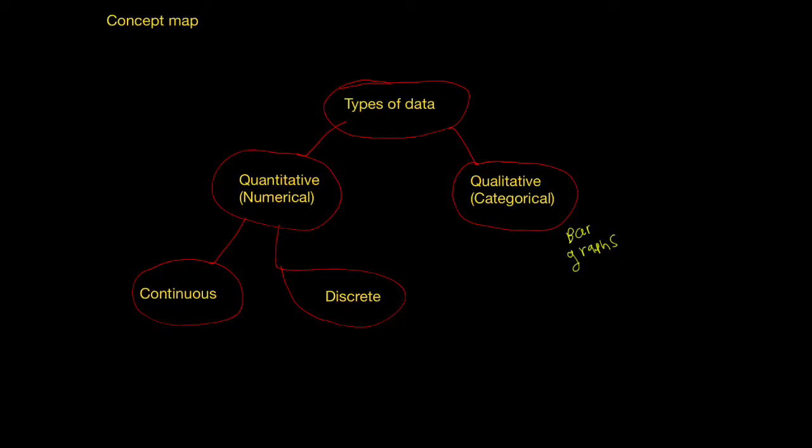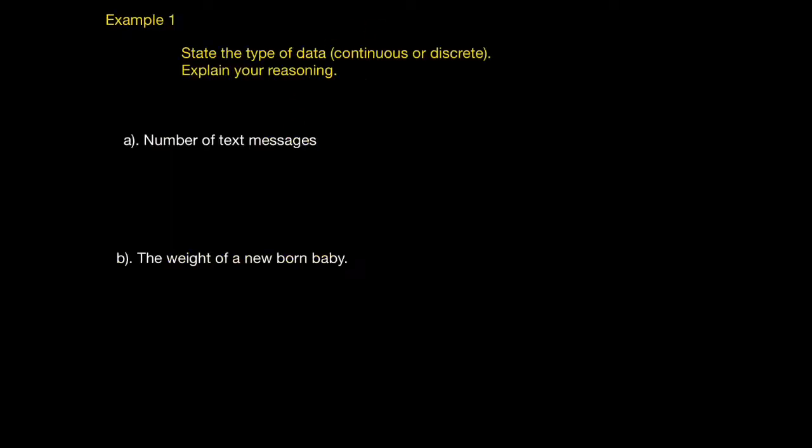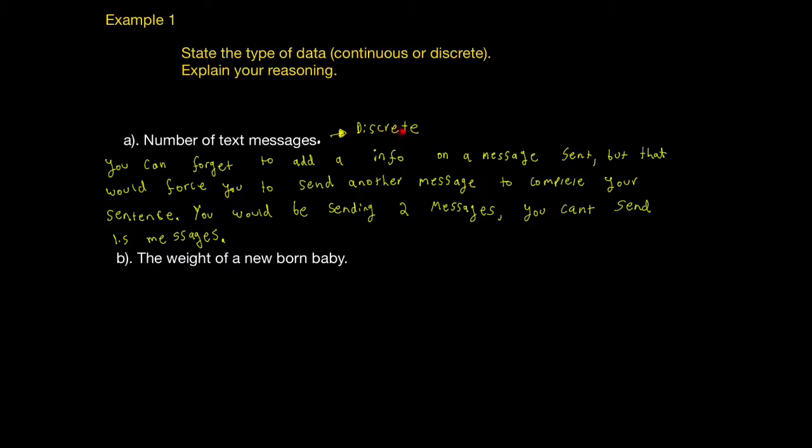So let's take a look at some examples. So here it says, state the type of data, continuous or discrete, and explain your reasoning. So A, number of text messages. Is it continuous or is it discrete? I say this is discrete, and then here is my explanation.